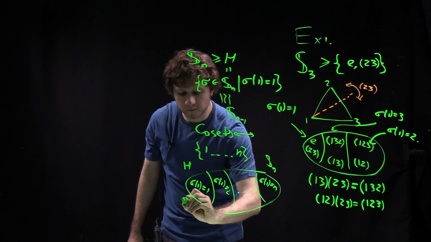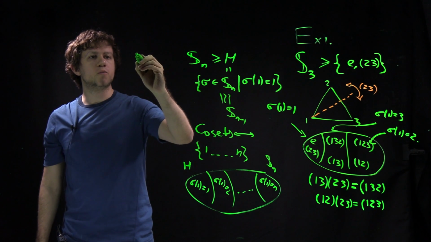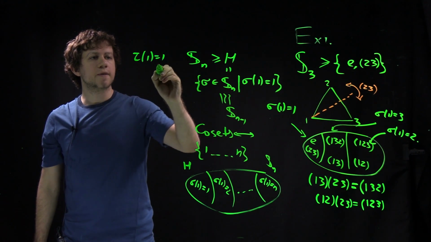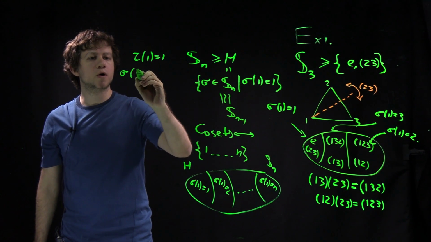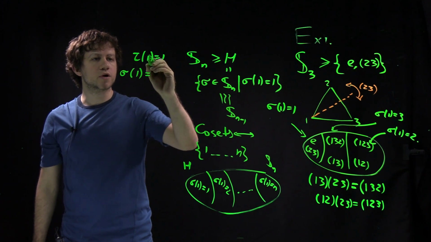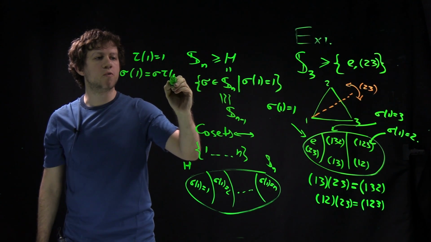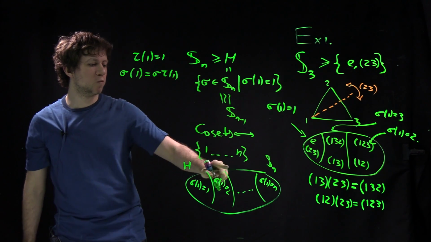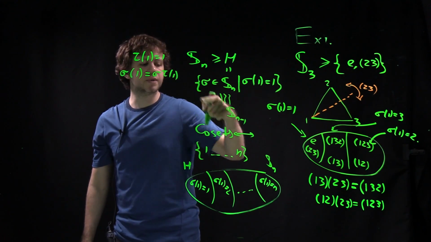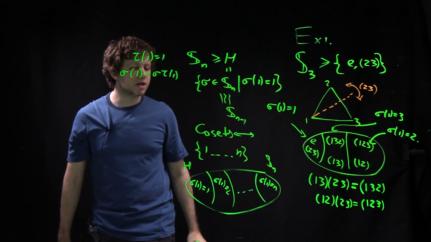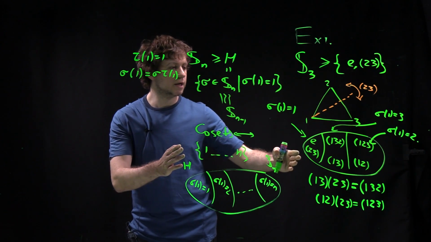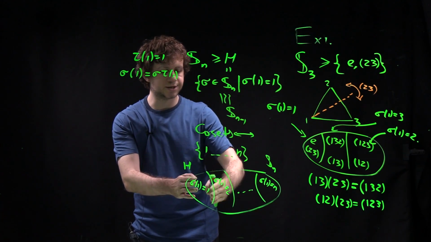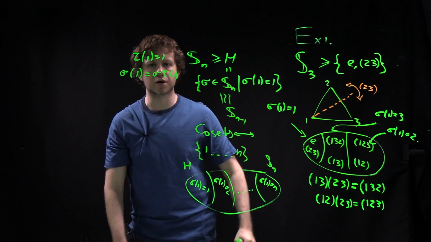So if tau of 1 was equal to 1, then sigma of 1, of course, equals sigma of tau of 1. And so if this was in one coset, then sigma tau will be in the same coset. And from here you can basically see that this is exactly the coset structure.